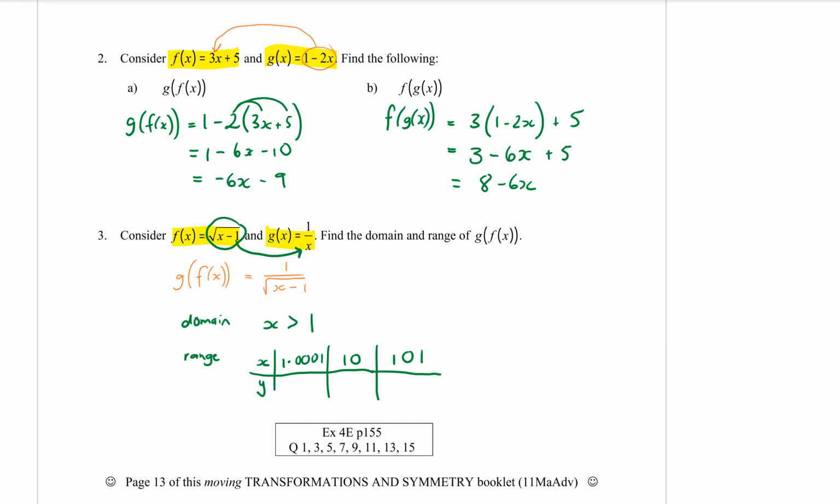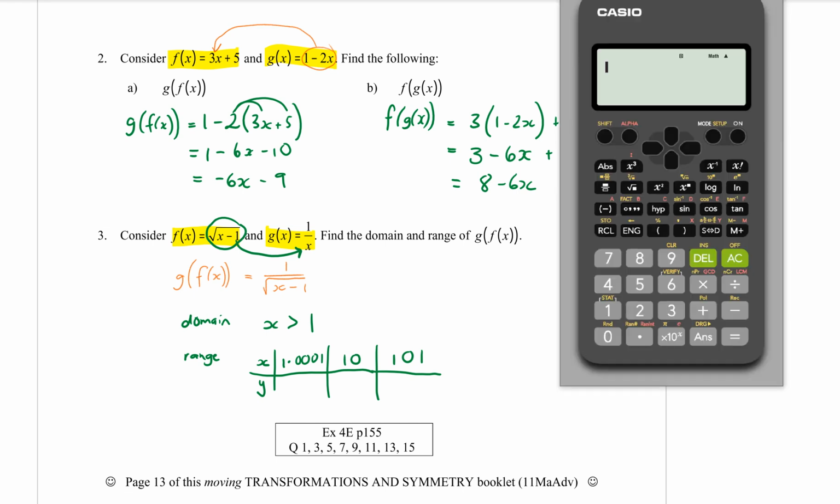So, to find the y values, Annabelle, calm down. Use your calculator, sub in 1 over the square root of 1.0001 minus 1. And that gives me 100.